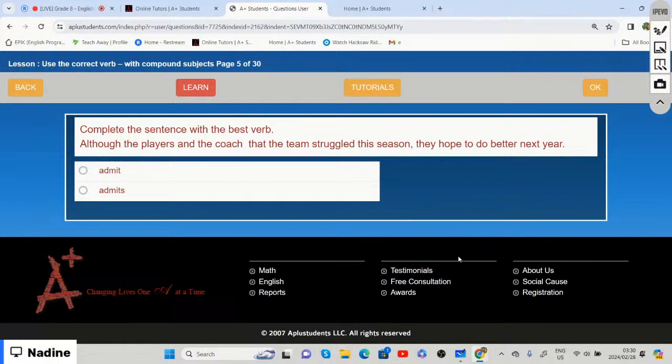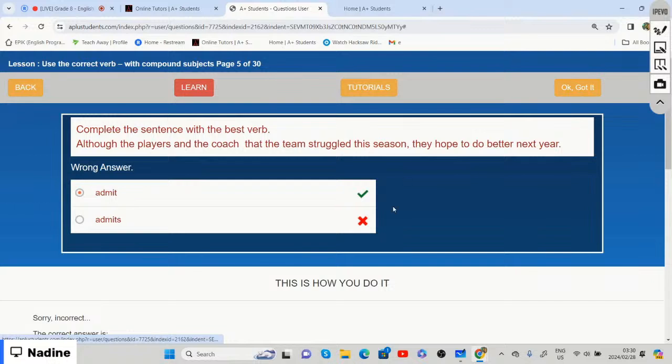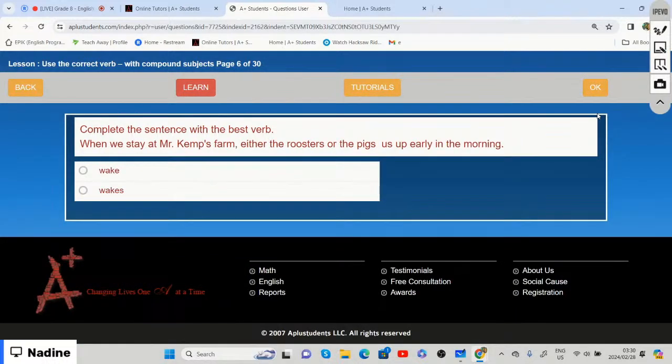All right, so we can say although the players and the coach admit or admits, let's see, admits, was it admit? It's just admit, not admits. So they admit that they haven't done very well this season.